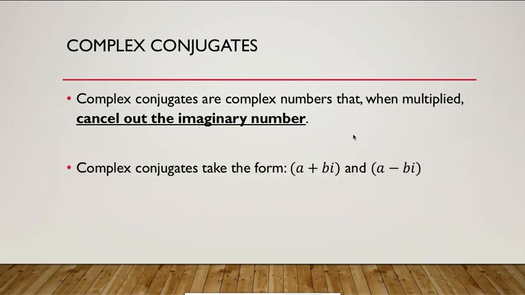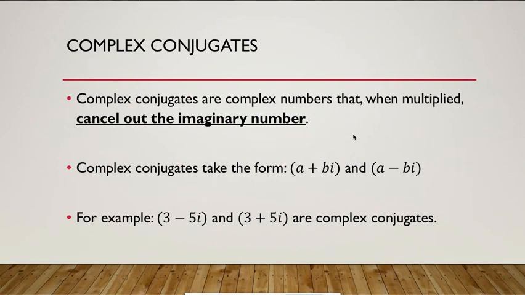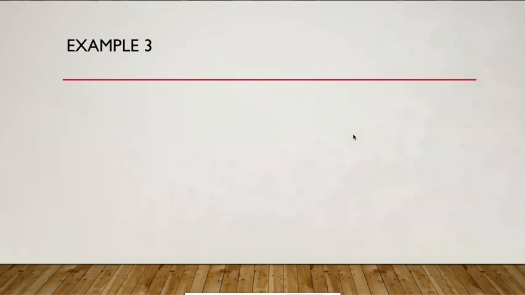So a complex conjugate takes the form a plus bi and a minus bi, where the real part is the same and the imaginary part is opposite signs. For example, 3 minus 5i and 3 plus 5i are complex conjugates. So when we multiply those together, because they're complex conjugates, we would expect not to have an imaginary part in our final answer.